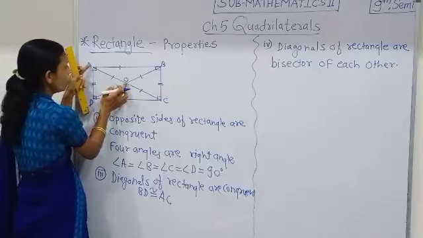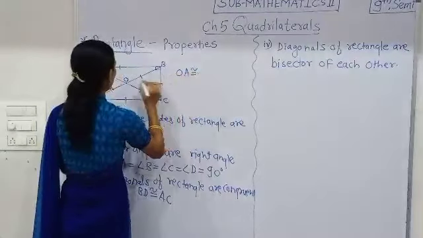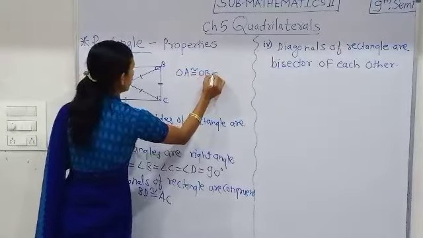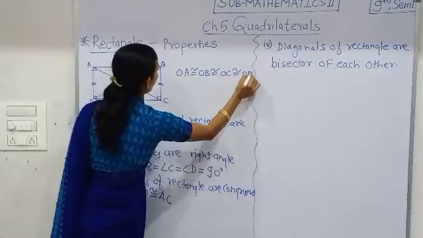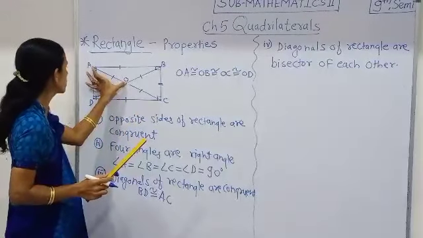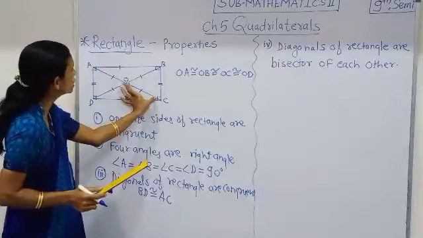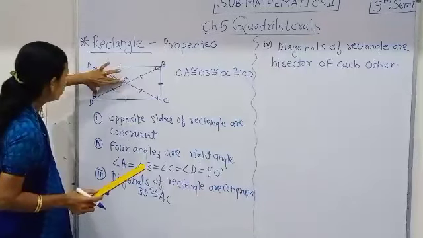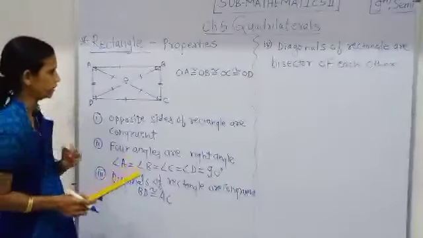Therefore OA is congruent to OB, congruent to OC, congruent to OD. That means if OA is 2.5 cm, then OB is 2.5 cm, OC is 2.5 cm and OD is also 2.5 cm.